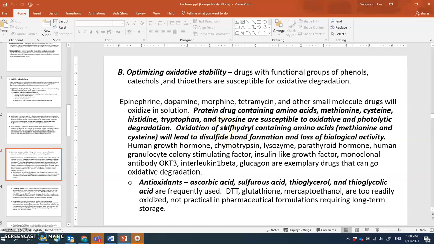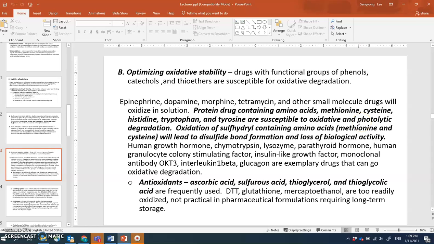Oxidation of sulfur-containing amino acids like methionine and cysteine will also lead to disulfide bond formation and loss of the structure and biological activity of your drug. So those are the amino acid sequences that are prone to oxidation damage. You need to know that.